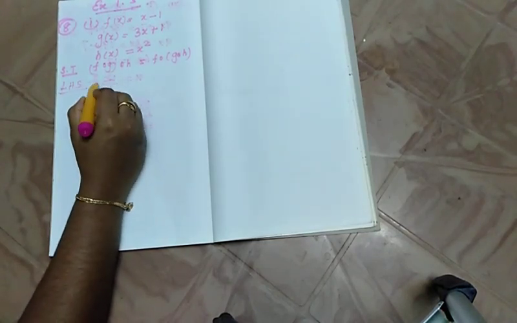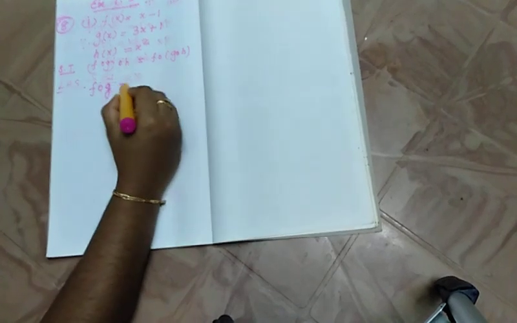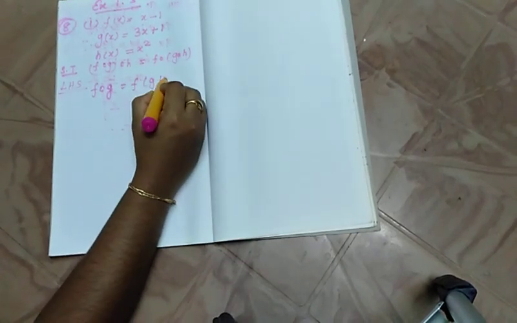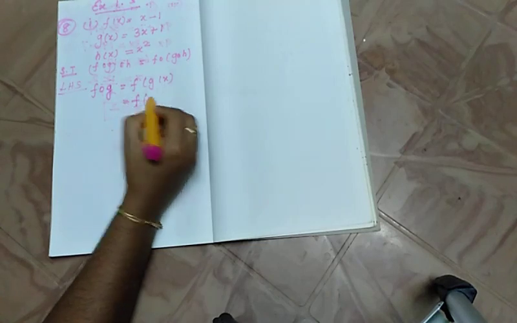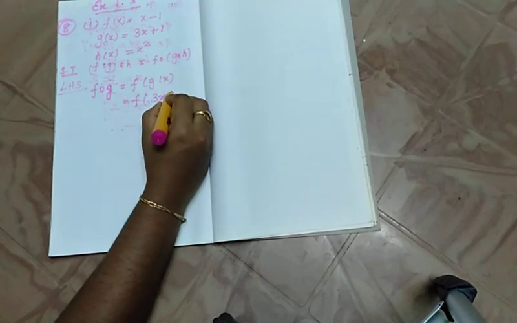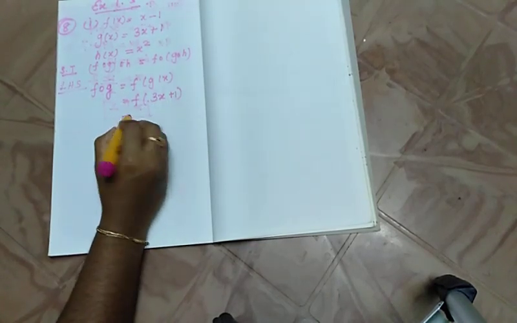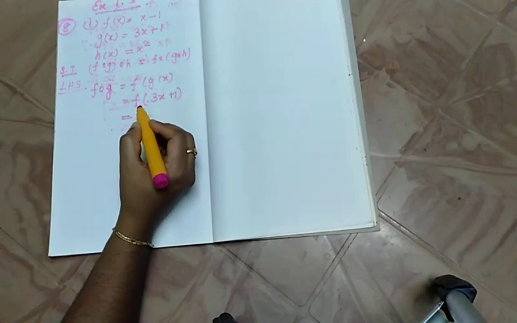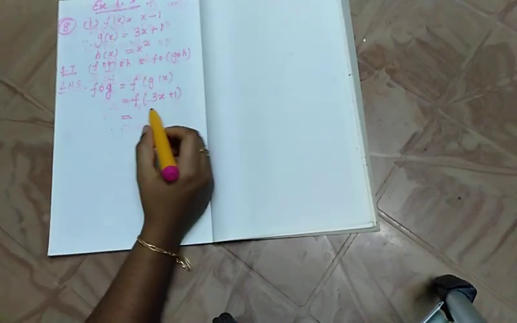Yeah, f of g, which is equal to, we can write f of g of x. F of, what is g of x? Yeah, 3x plus 1. Now f of x is x minus 1. So here in the place of x, 3x plus 1. Yes, we already have 1 minus 1. So what you will get, which is equal to, this is f of g, isn't that ma?